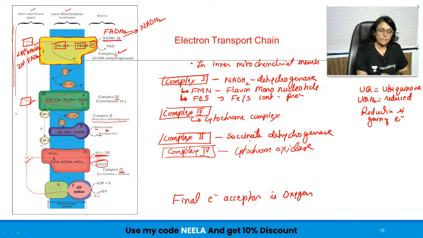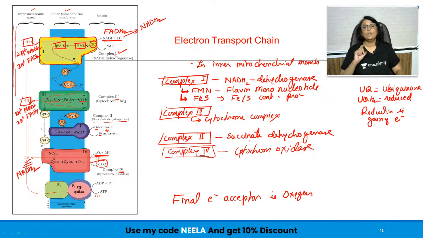Here also the same, one pair from NADH2 and one pair from FADH2, and the last one is only from NADH2. That is how the numbers come, and this part is actually oxidative phosphorylation.